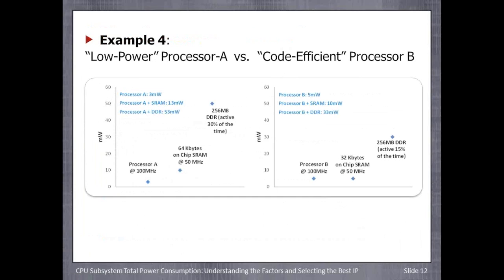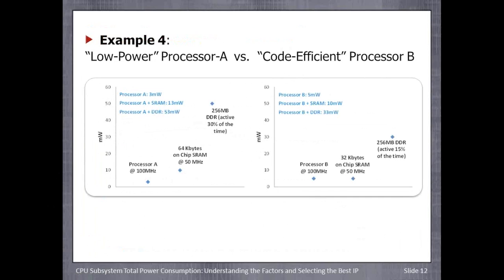In this example, we consider low power processor A, which consumes 3 milliwatts, and processor B, which consumes 5 milliwatts, so more power than processor A, but it's code efficient. So it produces 50% less code for the same application.